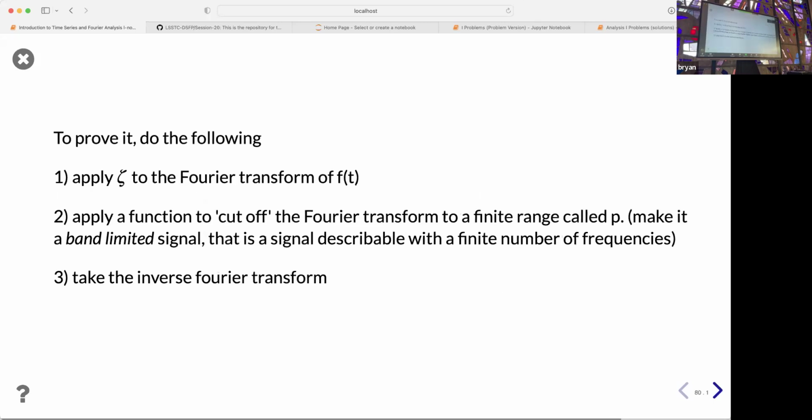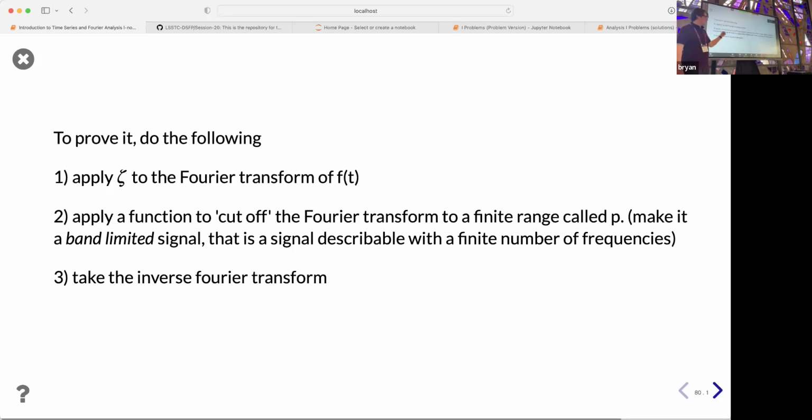To prove it, and I invite you to do this, apply C to the Fourier transform of f of t, then cut off the Fourier transform to a finite range called P. This is called making a signal band limited. If a signal is band limited, it's confined to a certain range in frequency space. This allows you to describe a signal with some finite number of frequencies.